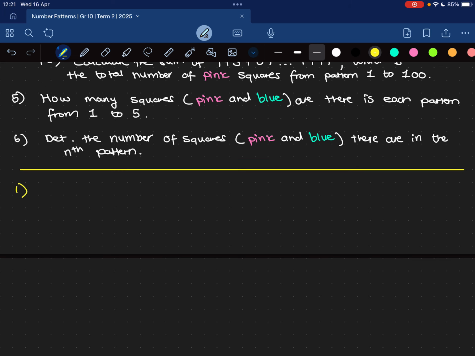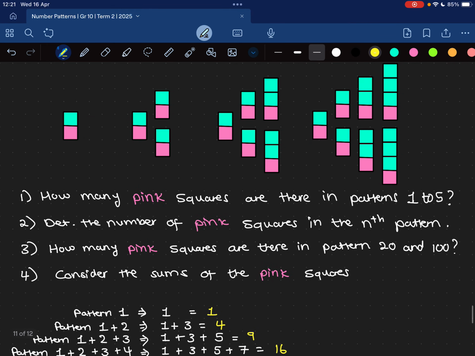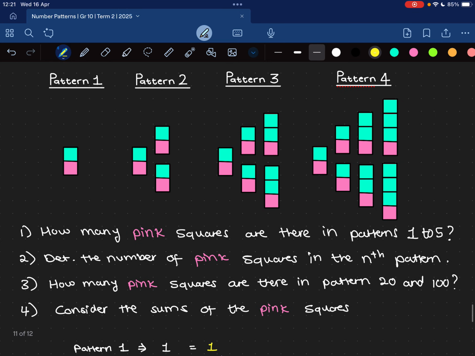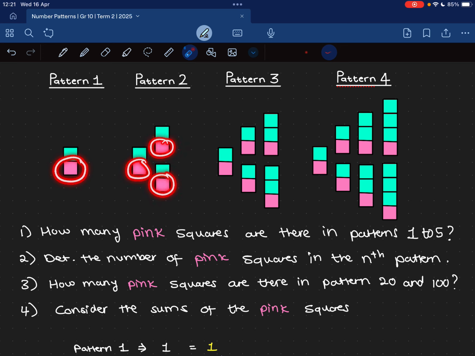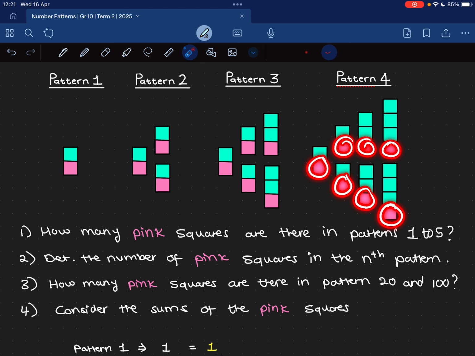Question 1 says, how many pink squares are there in pattern 1 to pattern 5? We can see in the first one, we're just counting. We have 1 in the first one, 3 in the second one, 5 in the third one, 7 in the fourth one.